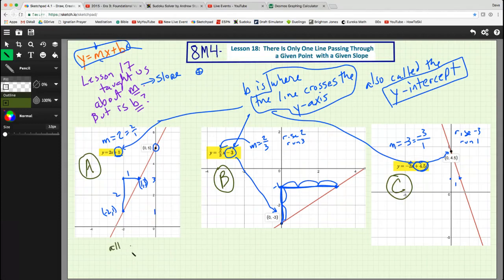All points on the y-axis have an x value of 0, right? This point is (0, 5) because the line crosses the y-axis at (0, 5). All points on the y-axis have an x value of 0.